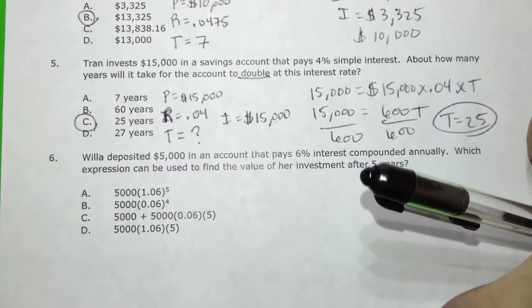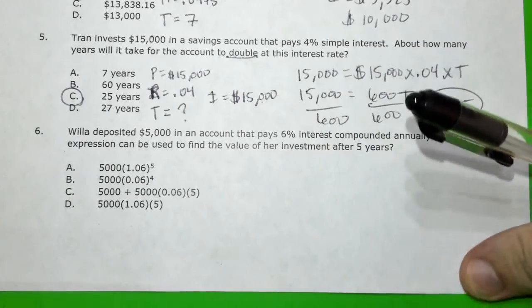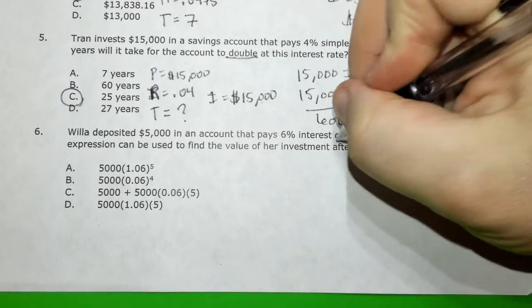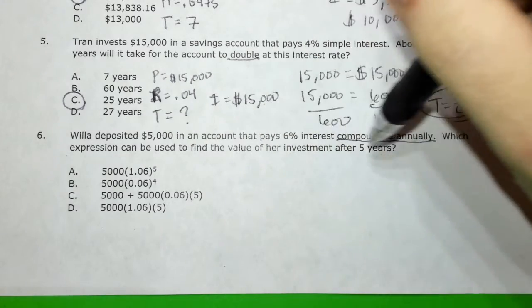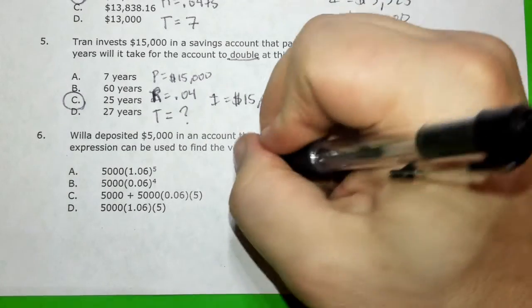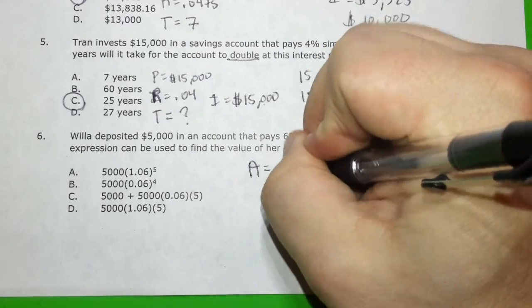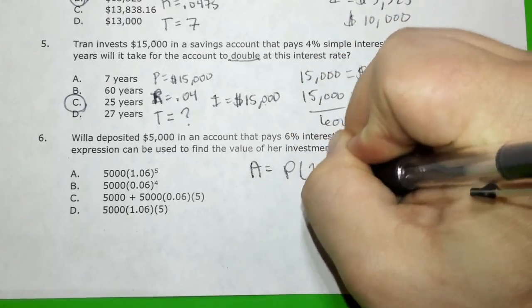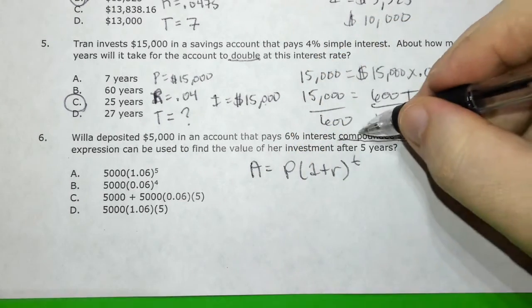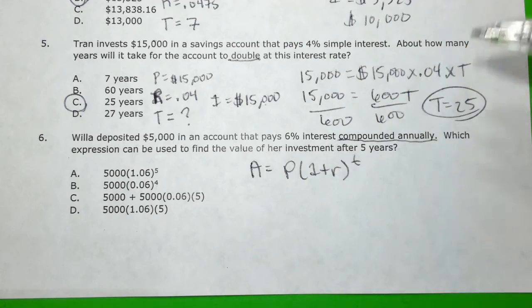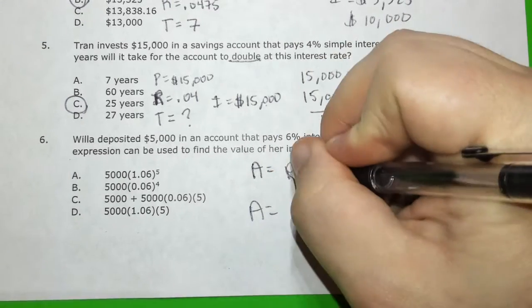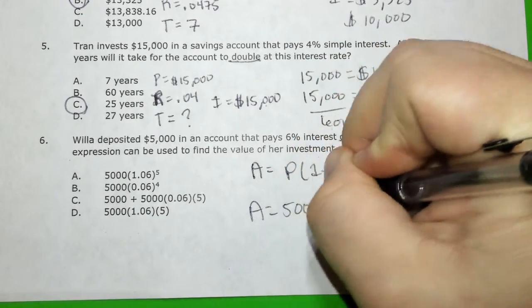Willa deposited 5,000 into an account that pays 6% interest compounded annually. Which expression can be used to find the value of her investment after 5 years? Well, we know this is A equals P parentheses 1 plus R to the T power because it's compound interest, and this is my formula. I know my principal is 5,000.